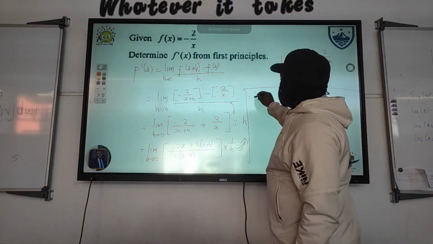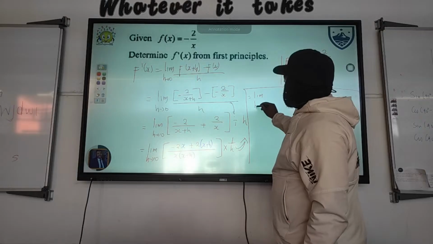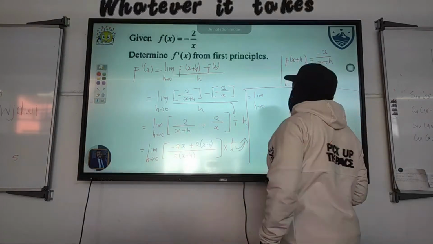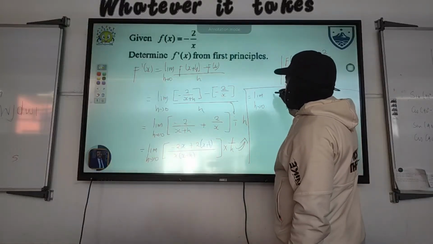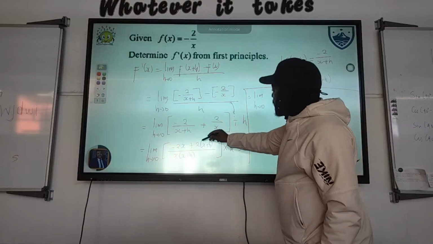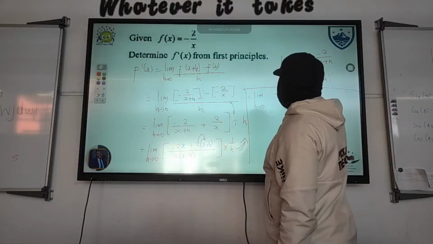So it's equal to the limit when h goes to 0. This side will give me a -2x, and then I multiply this by that, it will give me a +2x.